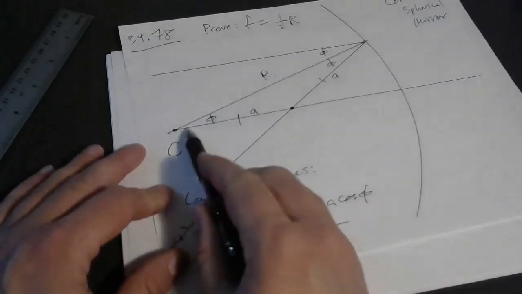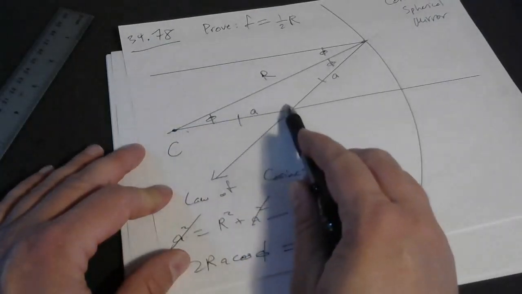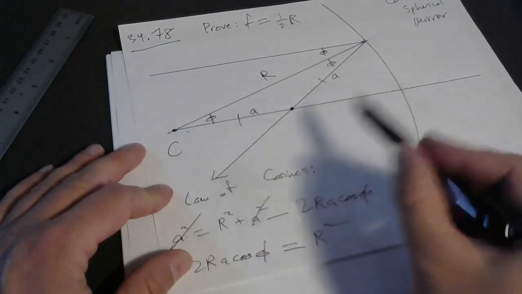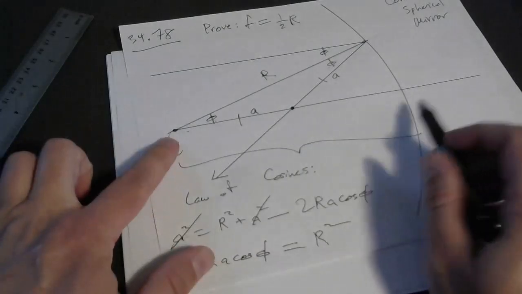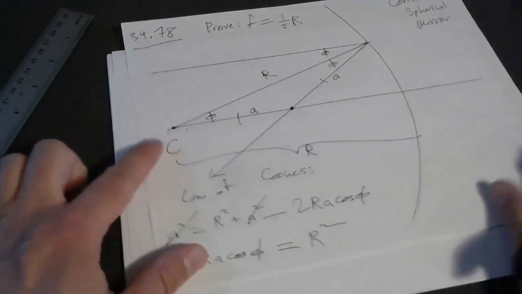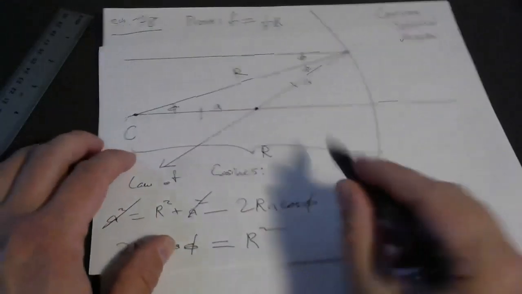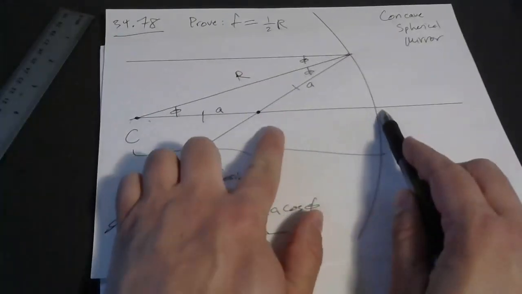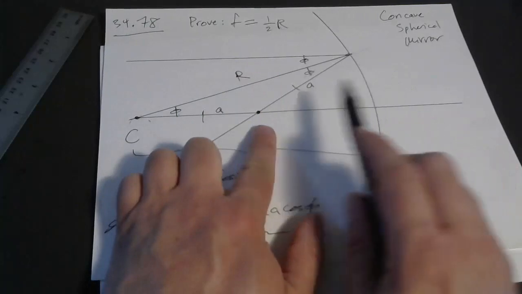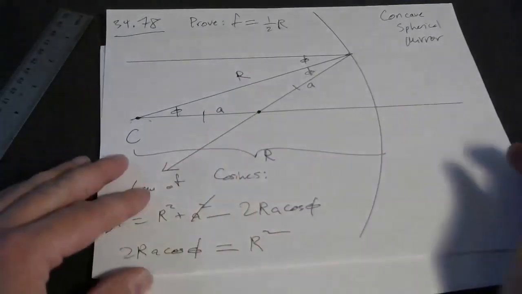Yeah, because if we could figure out what A is, wouldn't we know what this distance is? What's this total distance from the center of curvature to the mirror? That is also the radius. So whatever this is, subtract that from the radius to find the so-called focal length, the distance from the mirror to the point where the rays converge.